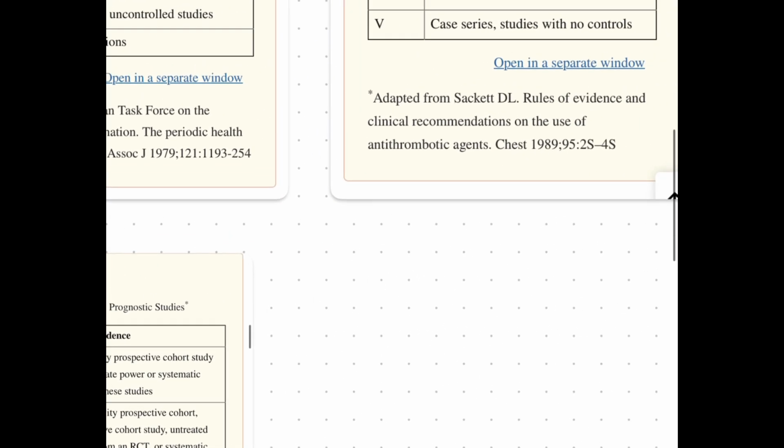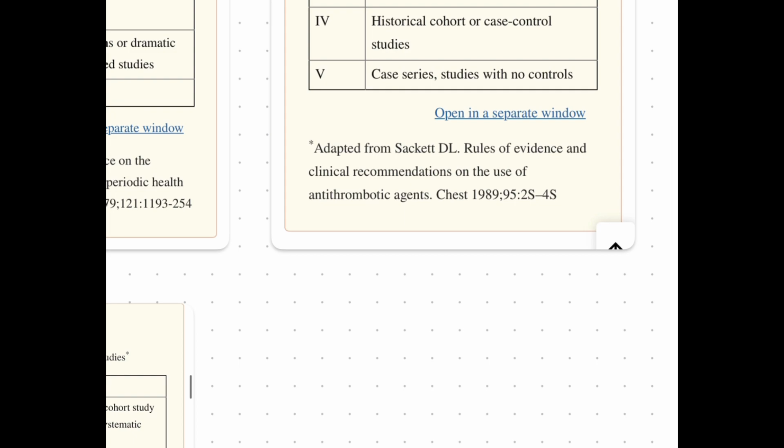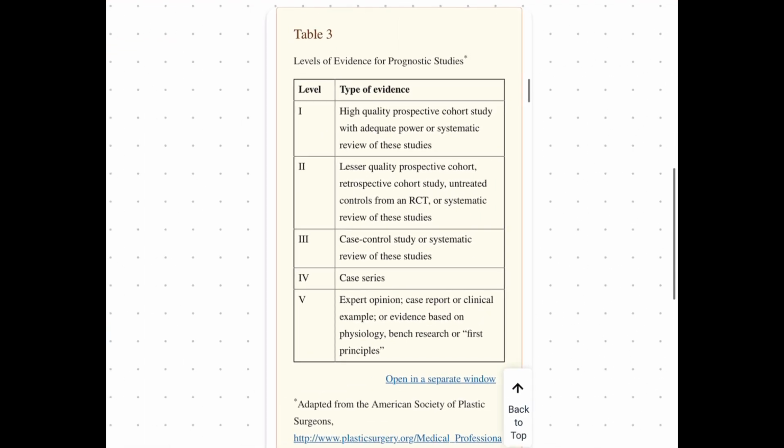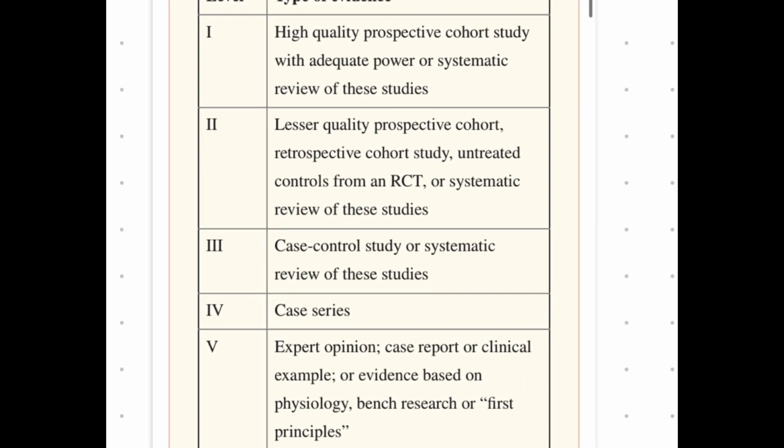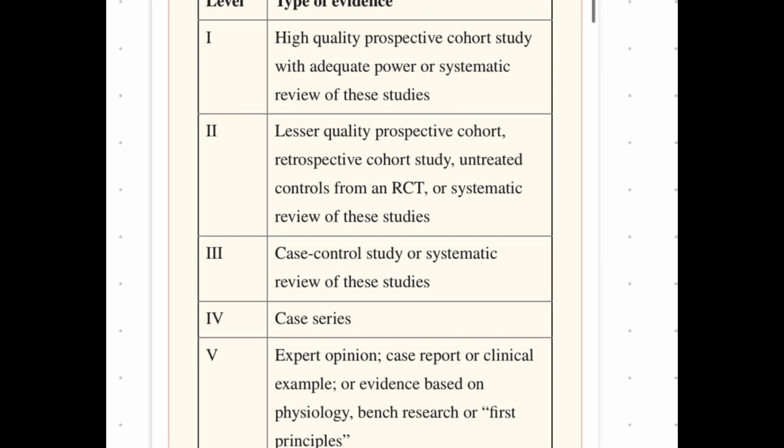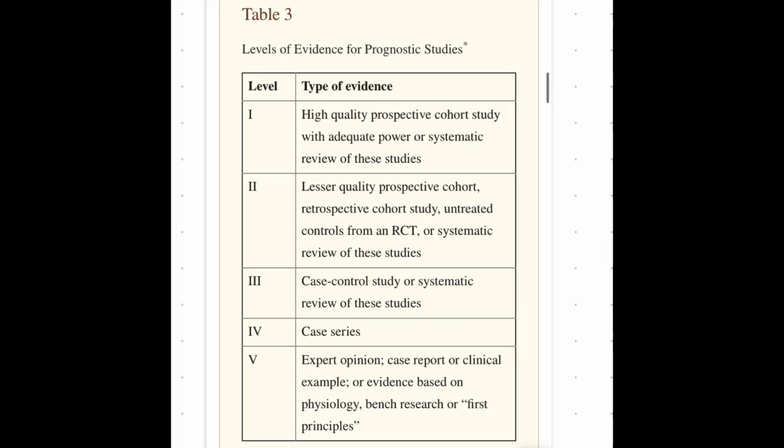Now several other levels of evidence have come, but what we are practicing today is this one. There are 5 levels of evidence based on which we decide whether to accept one piece of information or not. After several changes, this gradation system is now widely accepted.